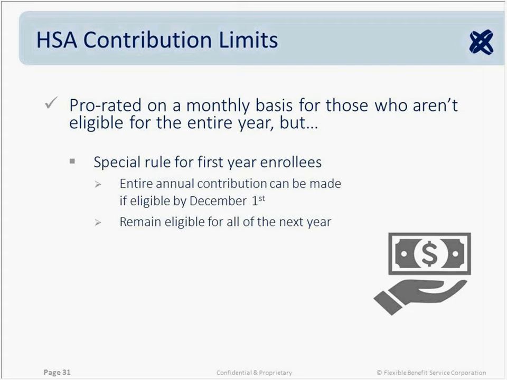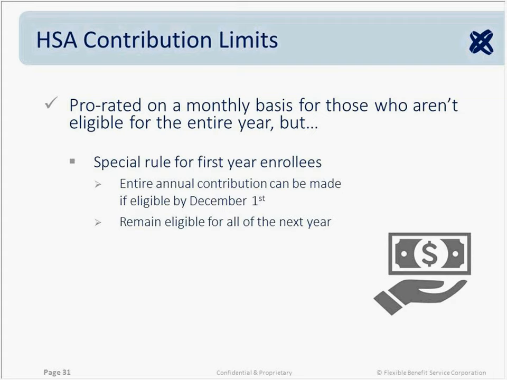In terms of making contributions, if a person becomes HSA eligible in the middle of the year, that HSA contribution is supposed to be prorated on a monthly basis, again, for those who are not eligible for the entire year. But there is a special rule for first-year enrollees. If a person becomes HSA eligible by December 1st, and they remain HSA eligible for all of the next year.